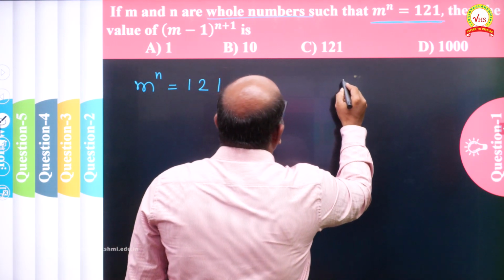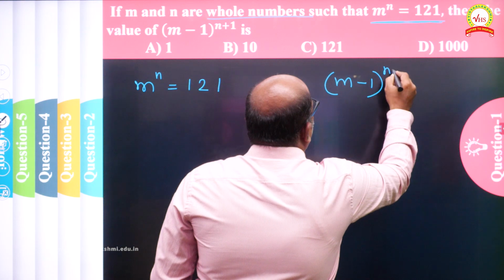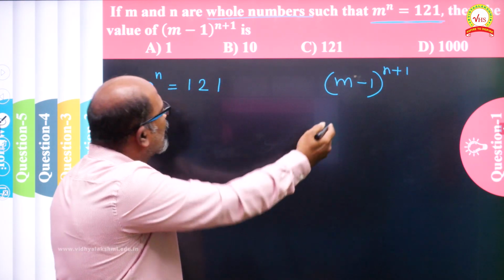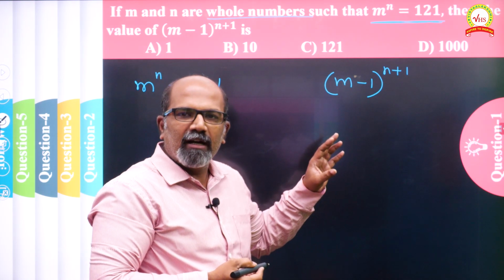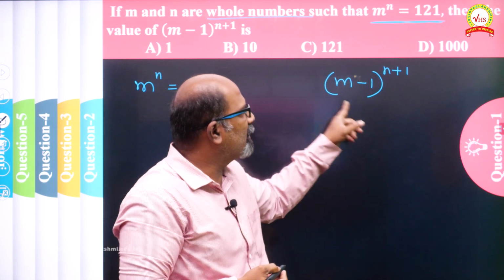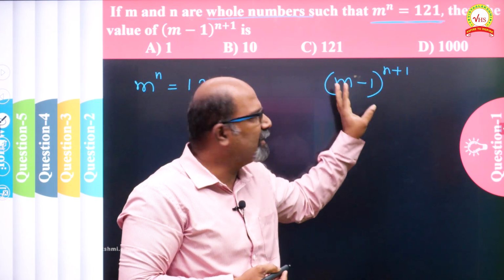Unless you know the value of m and n, you cannot find the value. We should know the value of m and the value of n to find this expression.